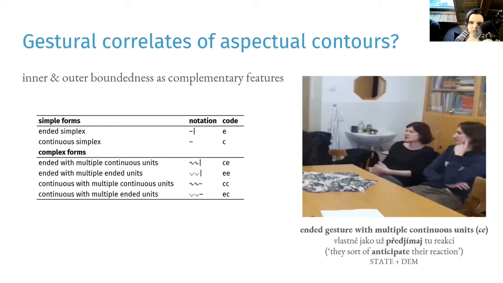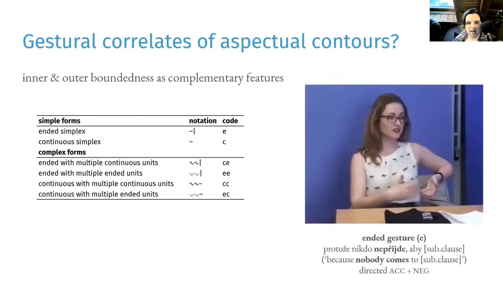So there's a continuous internal movement closed with an abrupt ending, and we marked up this type CE. On the following slide, in this example, we observe a simple gesture phrase with an ended gesture accompanying the VP, verbal phrase, nobody comes to a certain location, which is a directed achievement on its own.